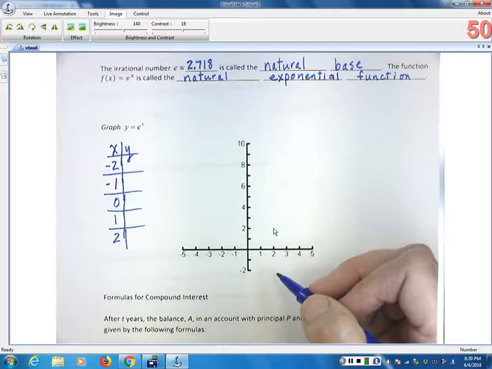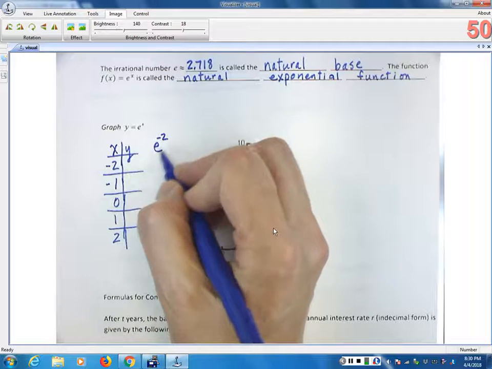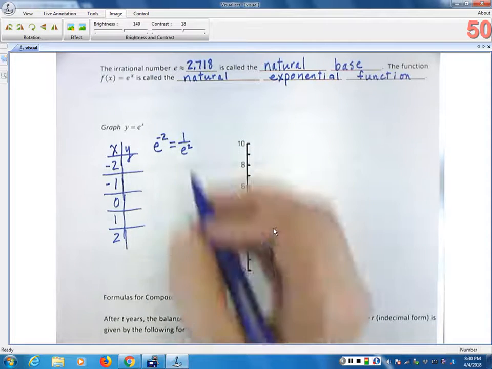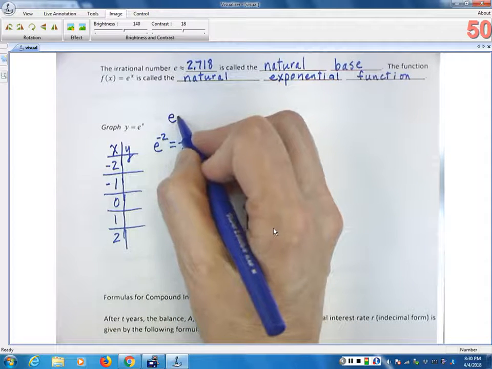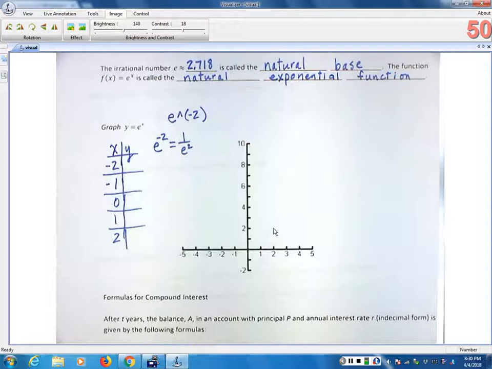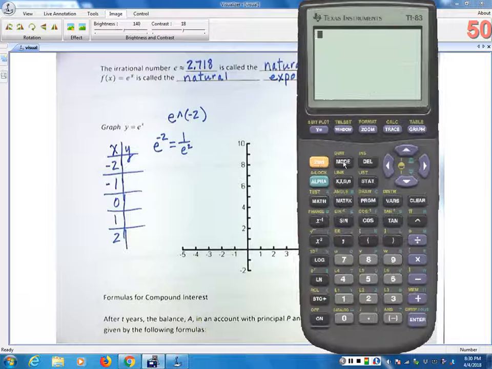So we plug in -2 for x, we're finding e to the -2, 1 over e squared, or you can just type that in your calculator, e caret -2. That's what we're going to do. Bring the calculator up. Second quit to get out of that.